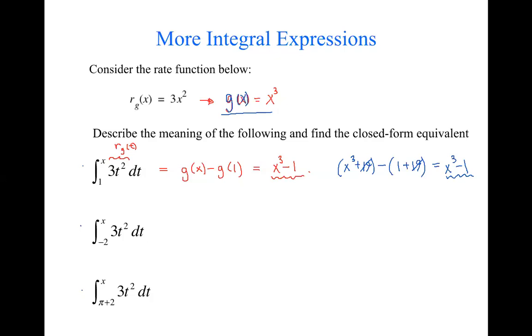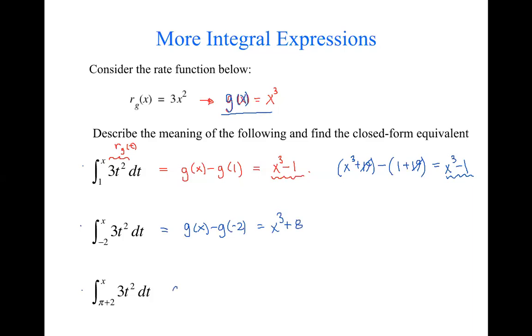So on these other questions, if I wanted to know, well, what's the change between -2 and x? Y final, minus y initial. So g of x minus g of -2, which should just be x cubed minus -2 cubed. So minus -8.